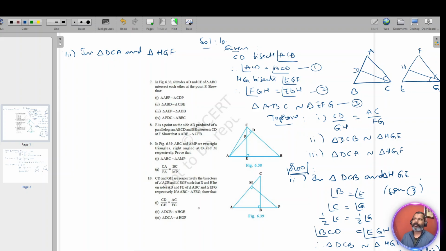A is equal to F. Because A equals F, this is from 3. Why from 3? 3 states that the two triangles are similar. Now in the same way, for DCA, I take half C, which should be equal to half G. This is also from 3.